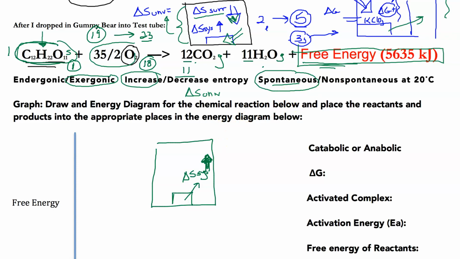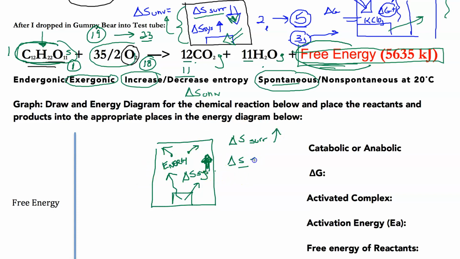Now, what's different here is that we're releasing a tremendous amount of energy at the same time. And what does that energy do? It makes the surrounding molecules go faster and disperse. So that means the delta S of the surroundings was also going up. And so was the system.